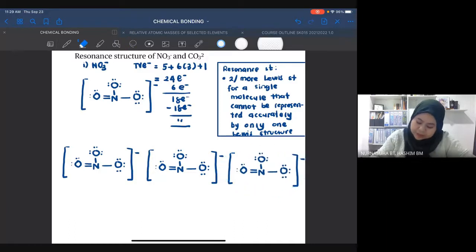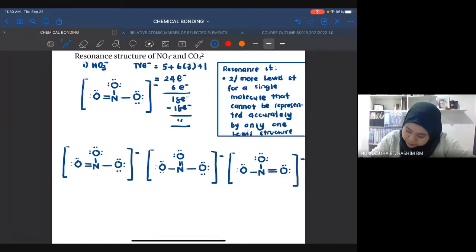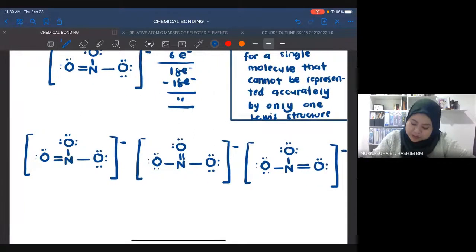So basically, for this compound, okay, kita boleh letak double bond dekat atas. Okay, we also can form double bond here. Okay, so basically ada 3 possible structure dan setiap satunya betul. So untuk itu inilah resonance structure.